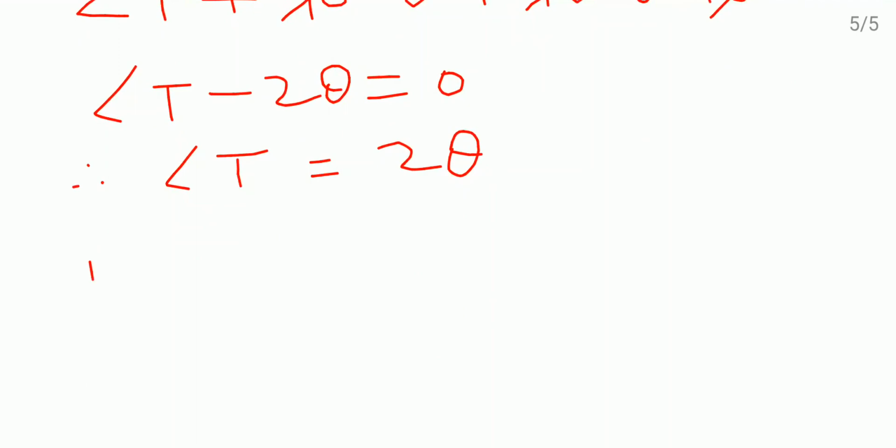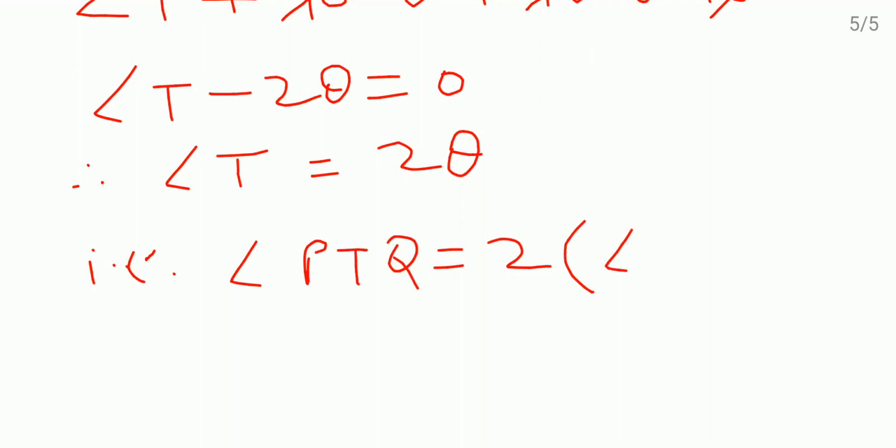Now angle T means what? That is, angle PTQ is equal to 2 times theta, which means which angle? Angle O, I think so, OTQ. Let me see, what is that angle?